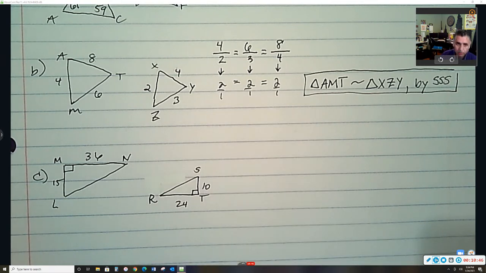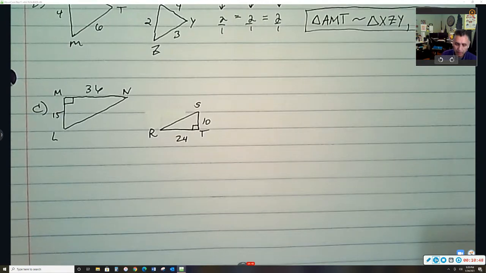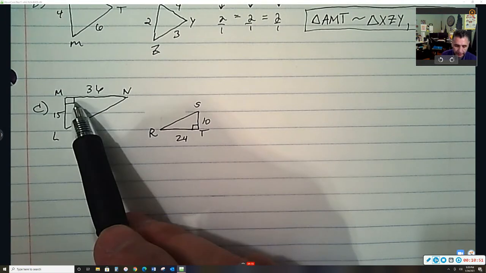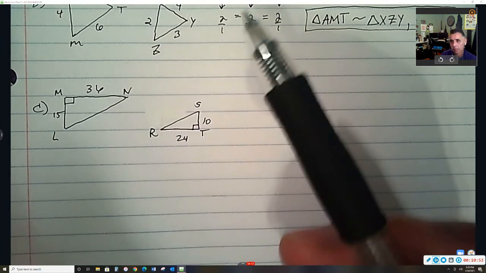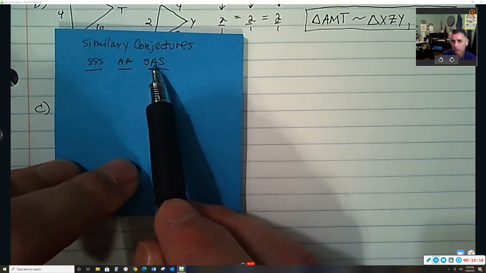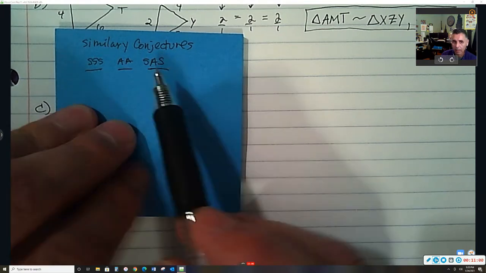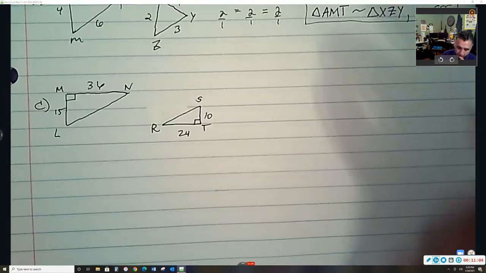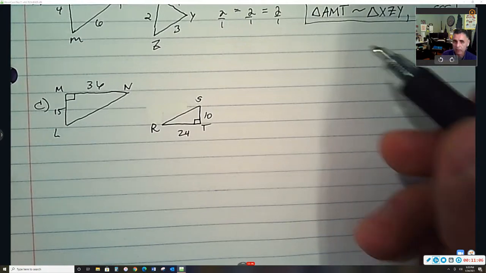And then the last one, because we have information about two sides and an angle, you should think, hey, I should try to check the side angle side similarity conjecture. So I need to check two things for this one.